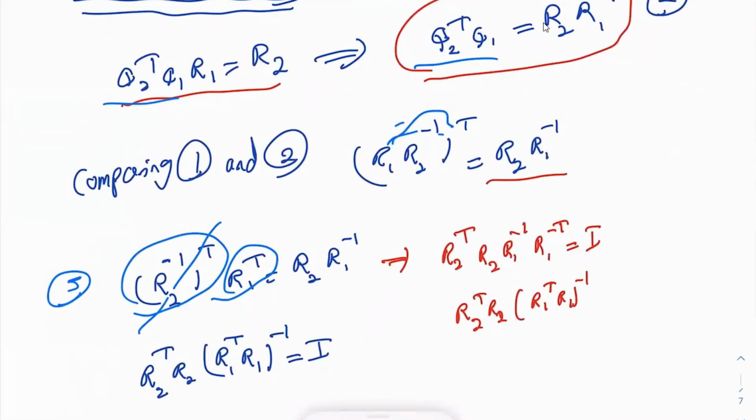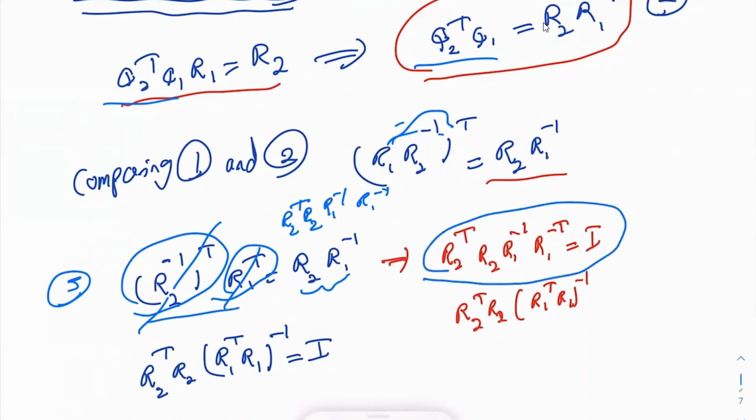So for the right-hand side, I get R2 transpose R2 R1 inverse. Then multiply this one by R1 negative transpose from the left to get rid of this stuff, right? And then if you do that, this term becomes identity, and we end up with this equation equal to identity.